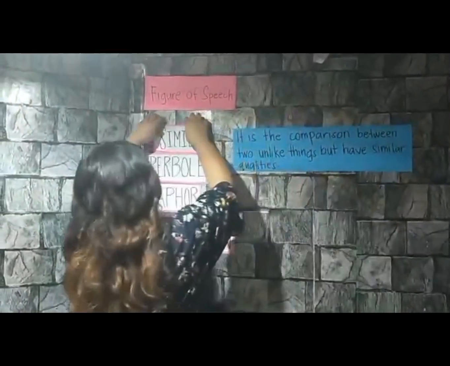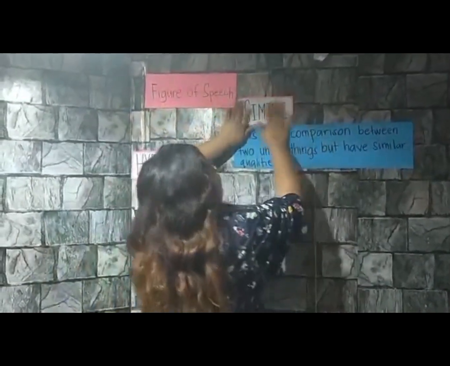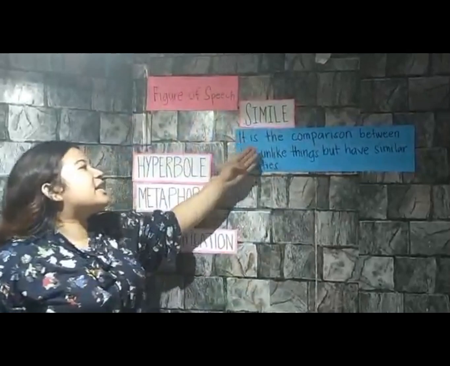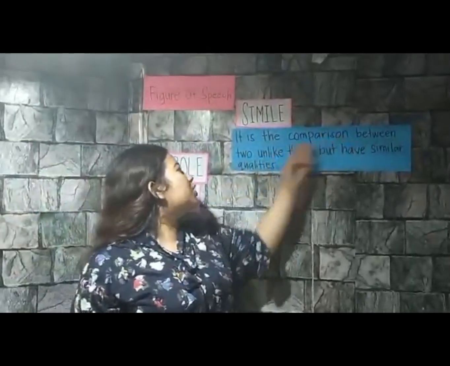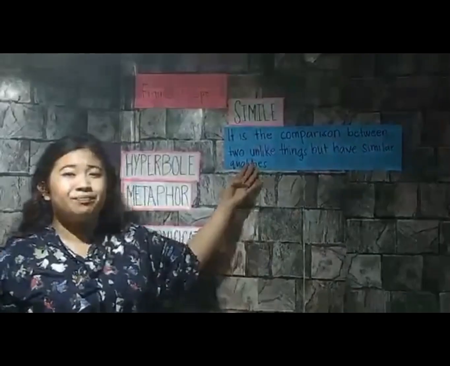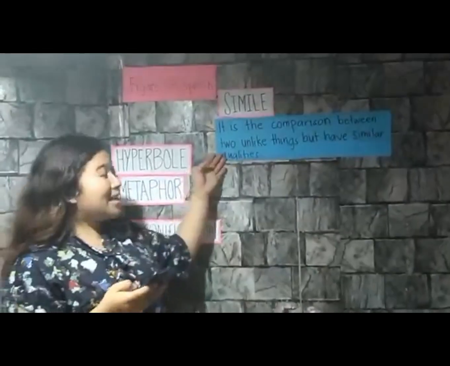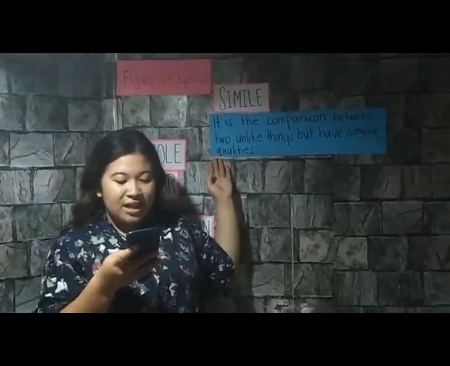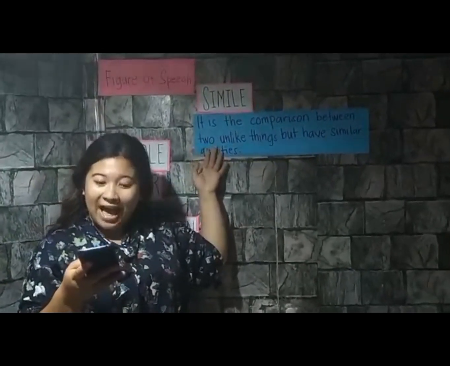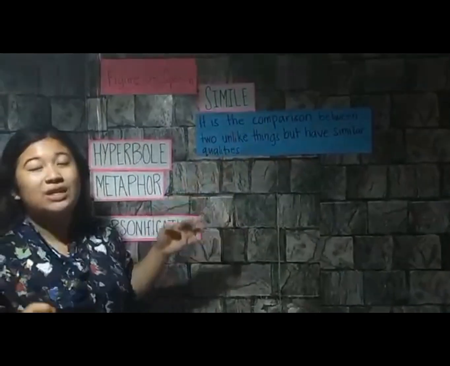What is simile? Let's discuss first the simile. Okay? Simile is the comparison between two unlike things that have similar qualities. It uses the words like and as to compare two things which are not truly the same.